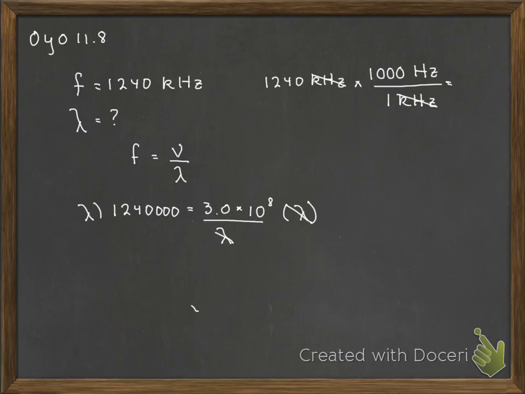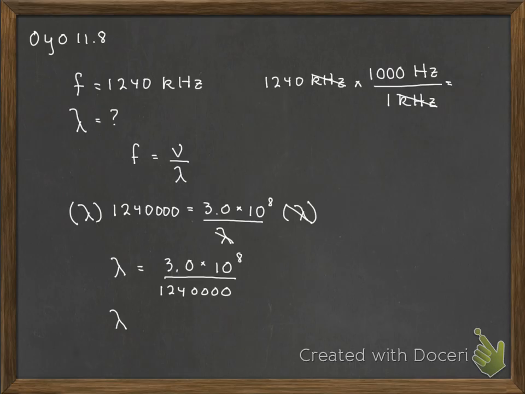Therefore, you multiply it over on the left. Then you divide away your 1,240,000, which is still a whole lot less than the speed of light. And then we will get the wavelength, and that will be, again, in meters.